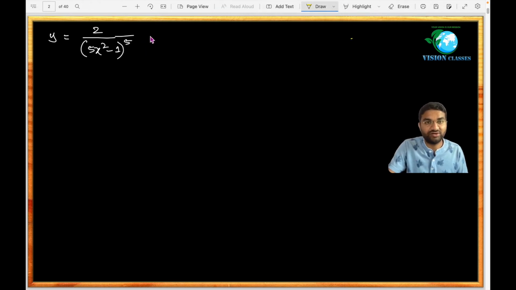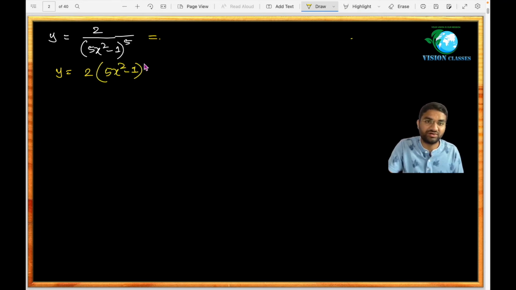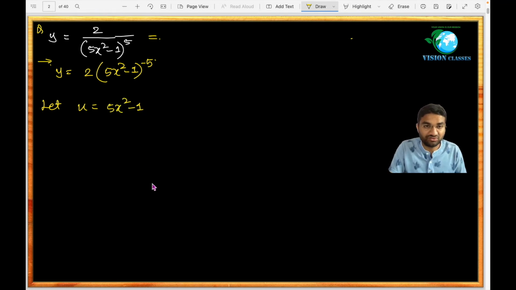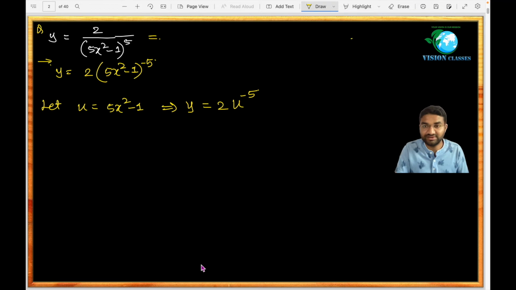So here you can write it like this as well: y is equal to 2 times (5x square minus 1) raised to negative 5, getting it? Now you have to assume here, let u is equal to 5x square minus 1, right? And then your y function will be y is equal to 2 u raised to negative 5, getting it?